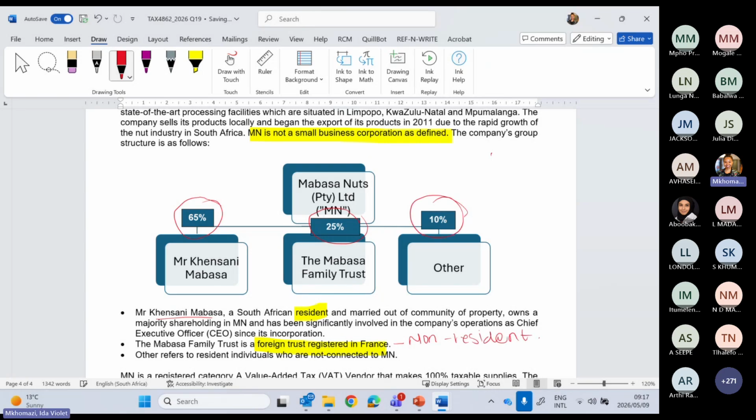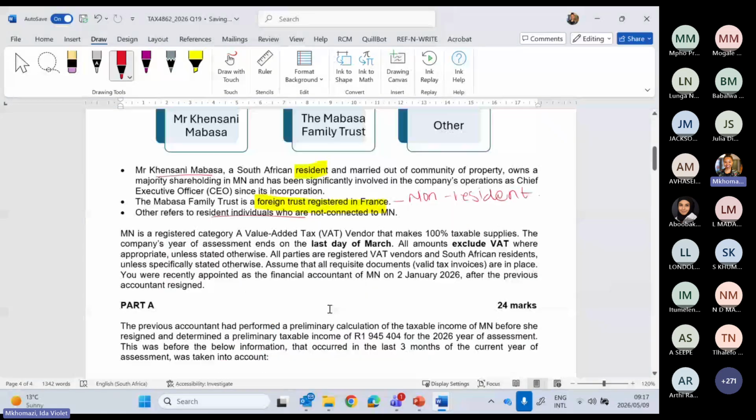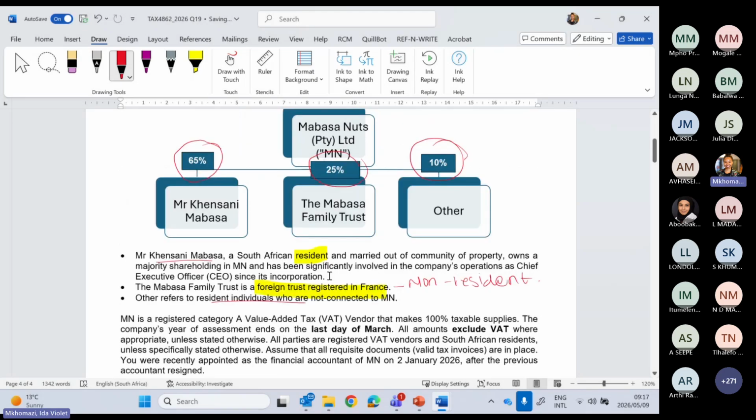And lastly, we have this 10%, which relates to individuals that are not connected to MN. What I'm taking from this group structure is that I am dealing with South African residents. I'm dealing with Mr. Kensani, who is a resident.